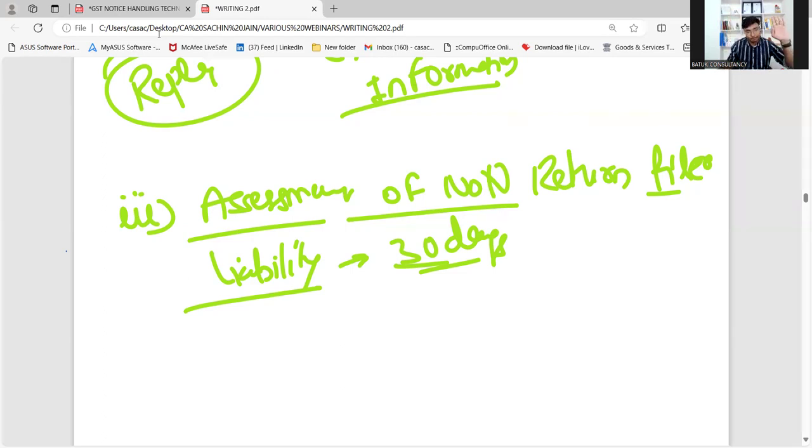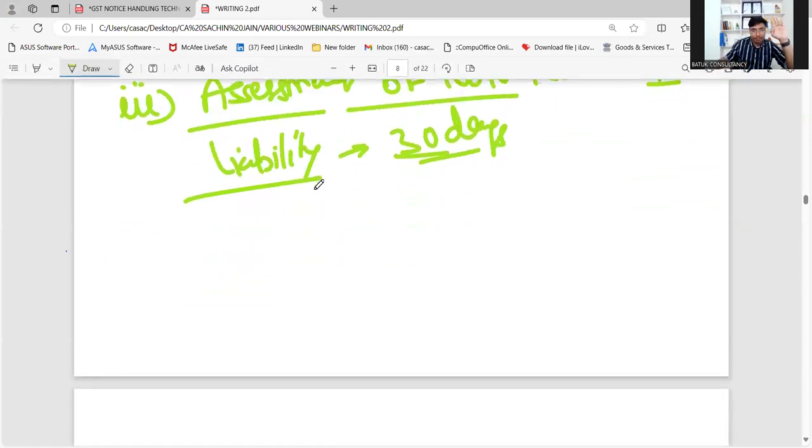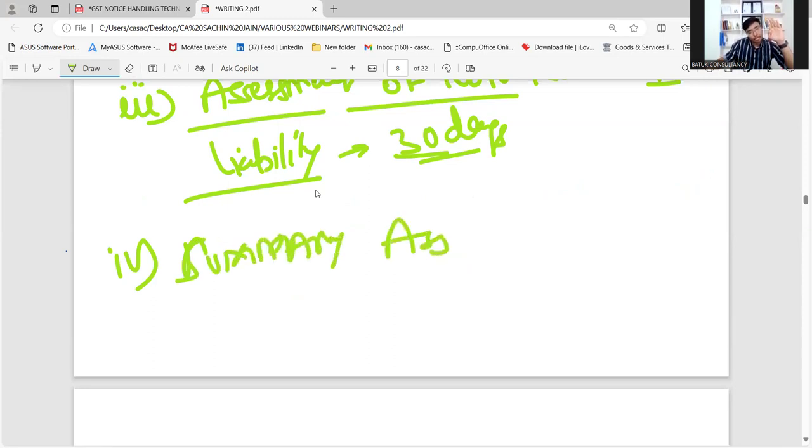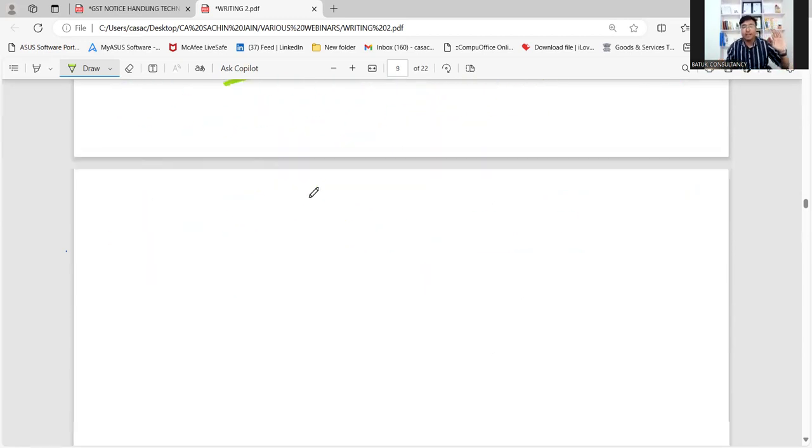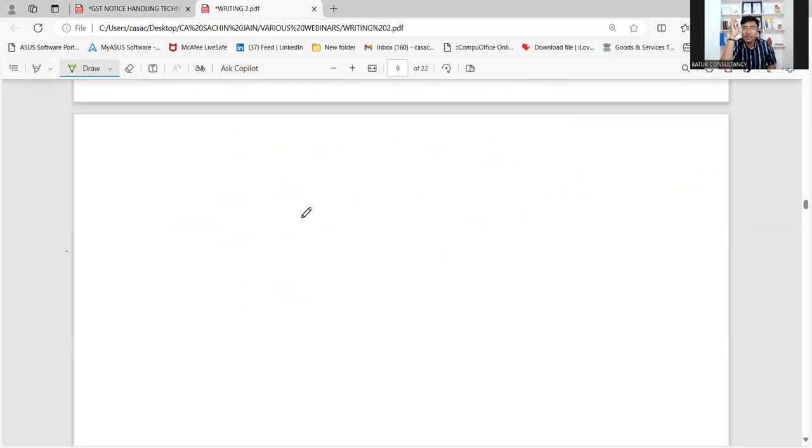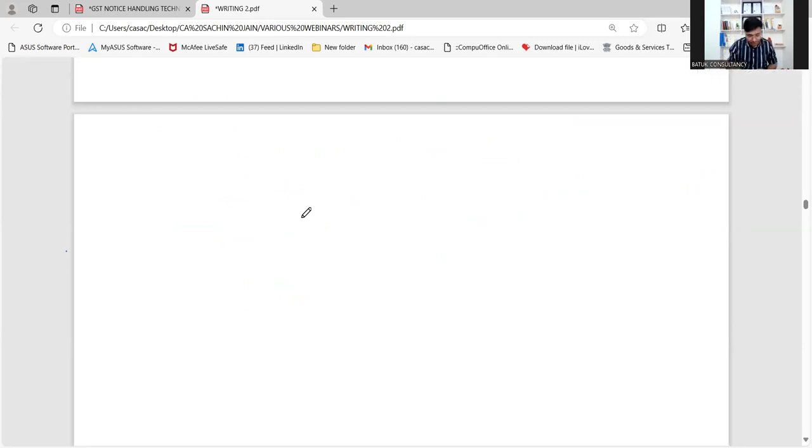Now the fourth type of notice, which is summary assessment. In this specific type of assessment, what happens is, I have taken the GST registration and I am also filing the GST returns on a timely basis.